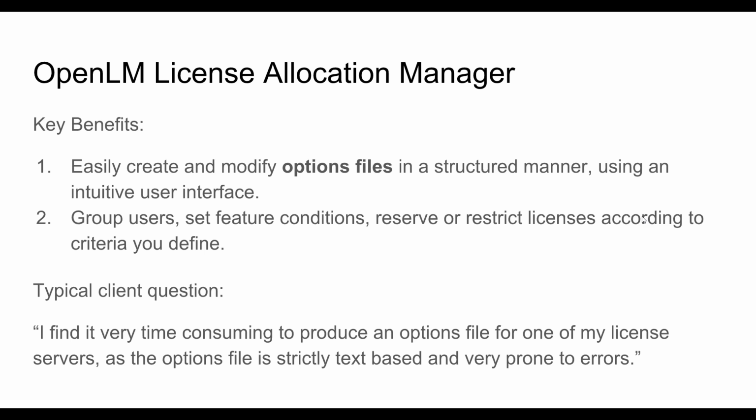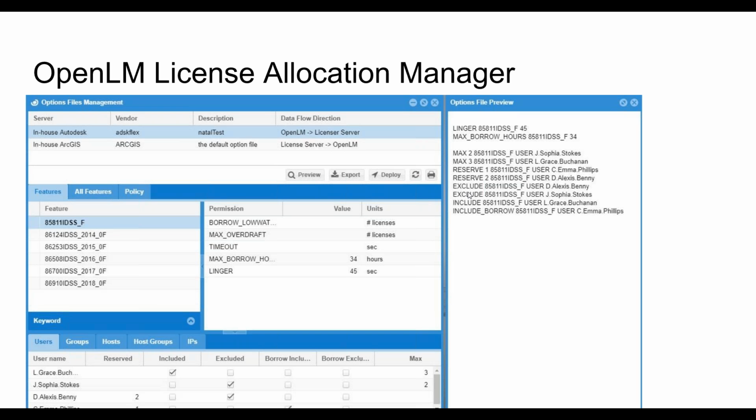The OpenLM Allocation Manager allows you to easily set up and modify options files in a structured manner using a simple and intuitive user interface, which doesn't require any prior knowledge in options file coding. Note the resulting options file on the right, which was created from scratch using the OpenLM License Allocation Manager.